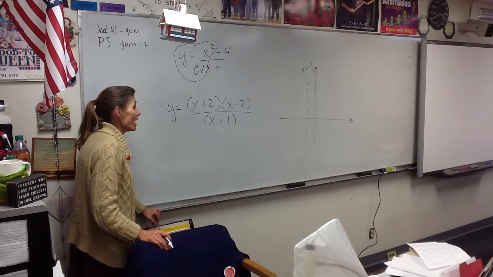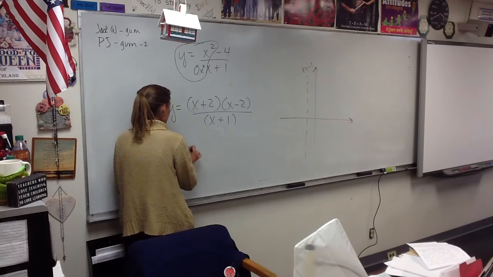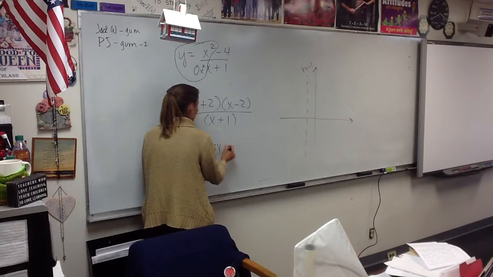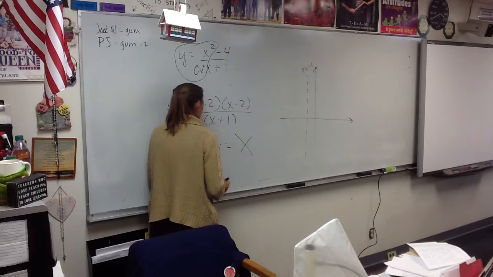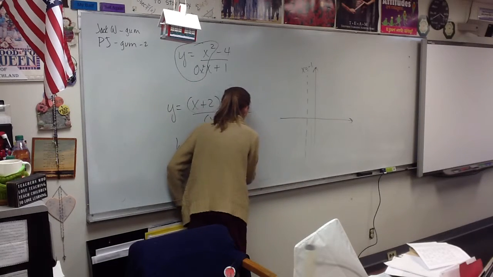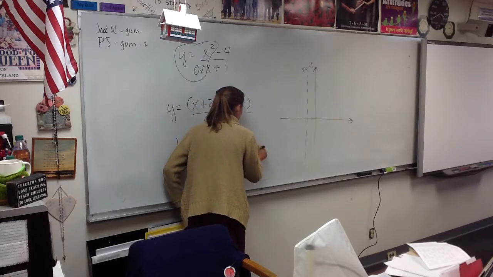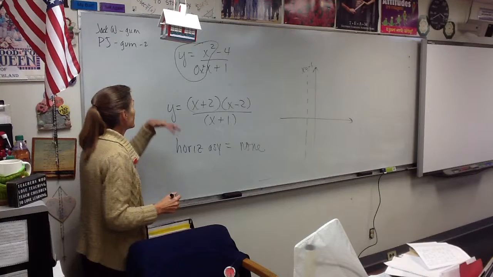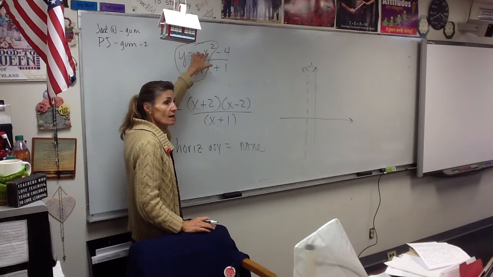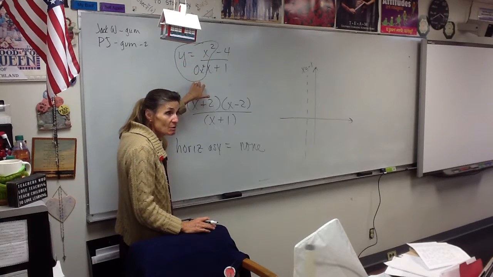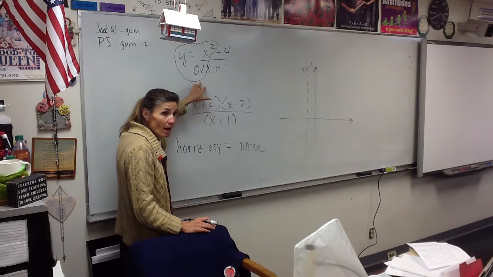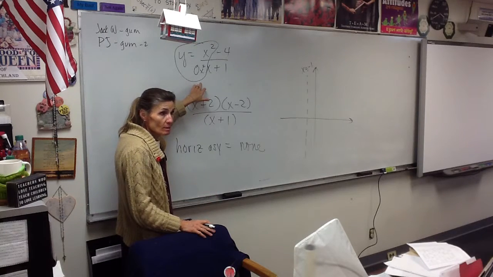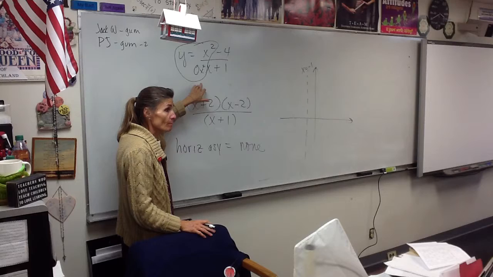If it's not possible, where is my horizontal asymptote? There isn't one. I'll write the word none. There isn't one. Why did that happen? Because the biggest power was on top, so I had to put my 0 into the bottom, which isn't allowed. So there is no asymptote.